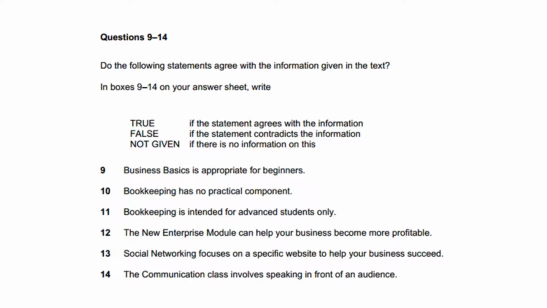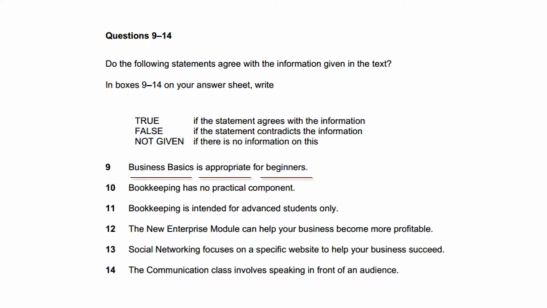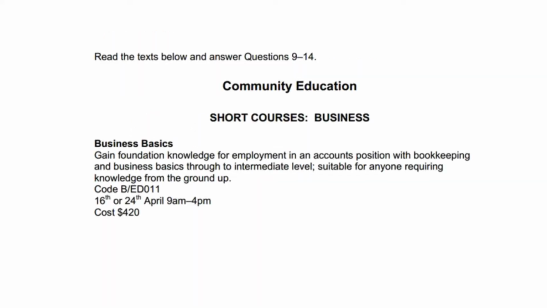First, underline any keywords. I would underline business basics, appropriate, and beginners. Then go up to the text and search for these keywords. It should be in the first paragraph.